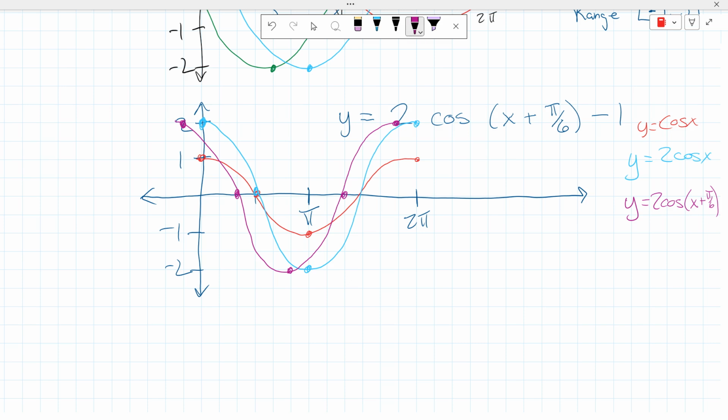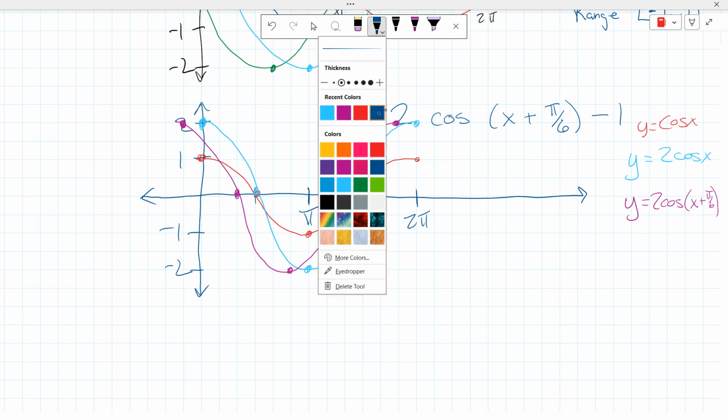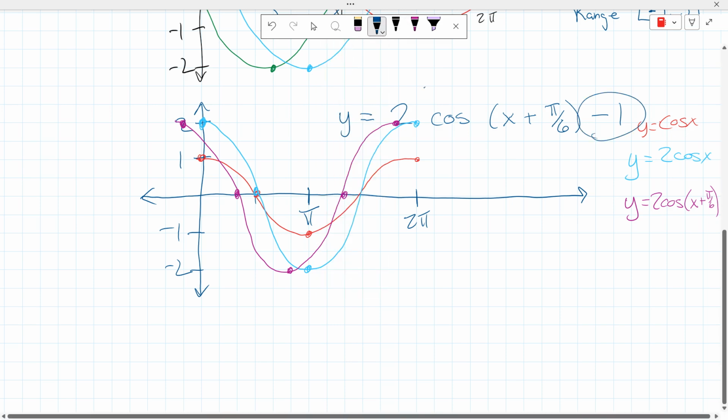And then finally, I'm going to move 1 square down from the purple.